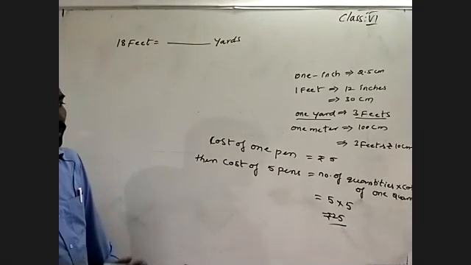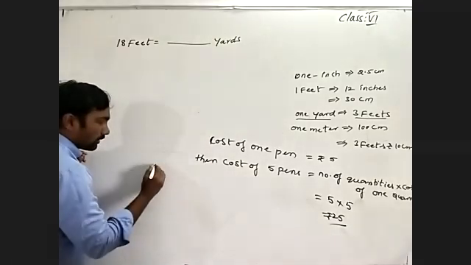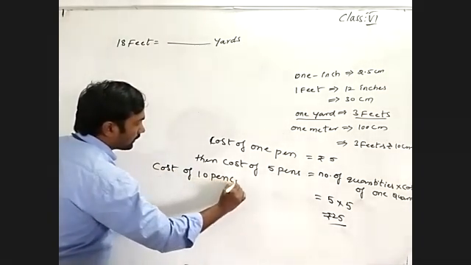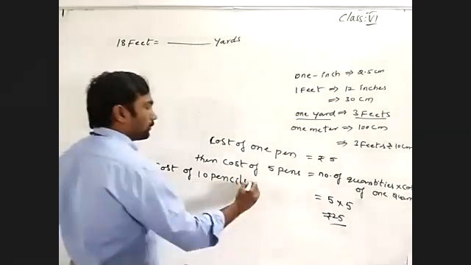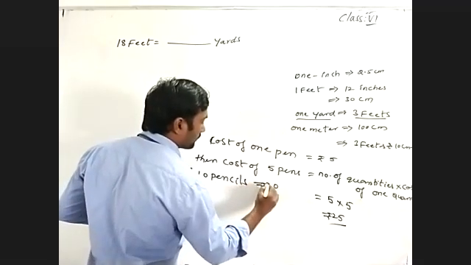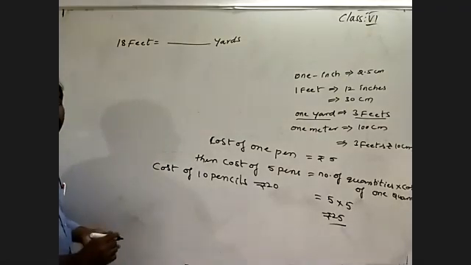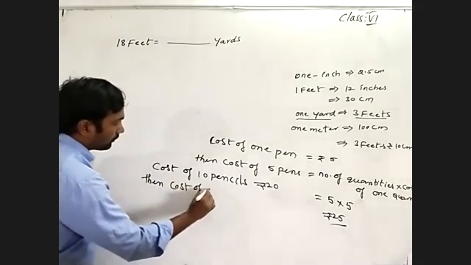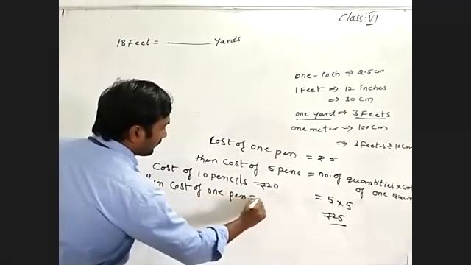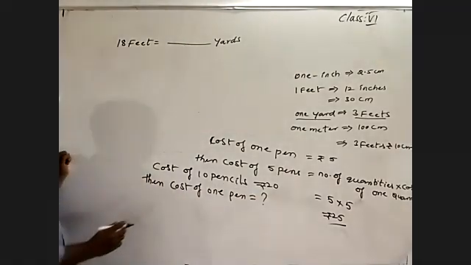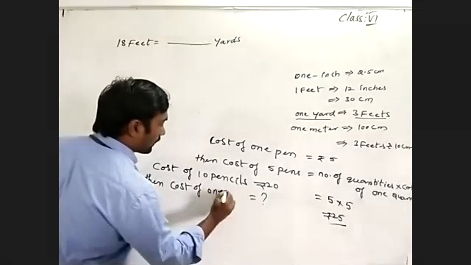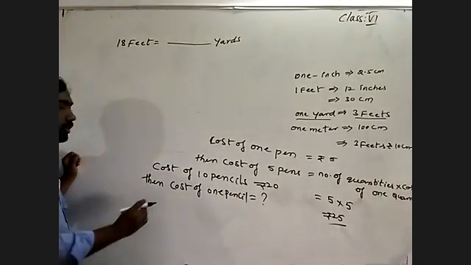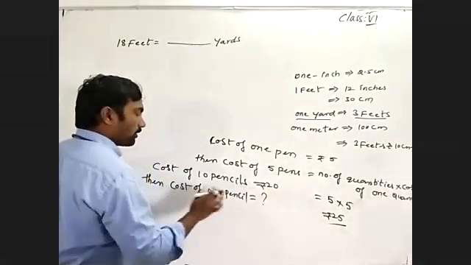Understand? Coming to that, what I am saying to you: the cost of 10 pencils is equal to 20 rupees. Then what I am asking is, the cost of 1 pencil is equal to what?